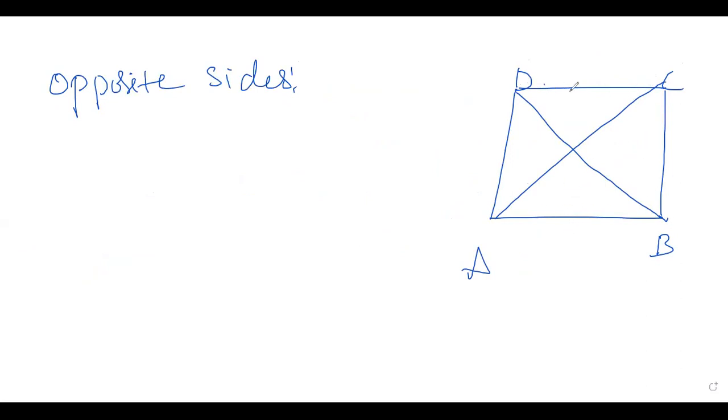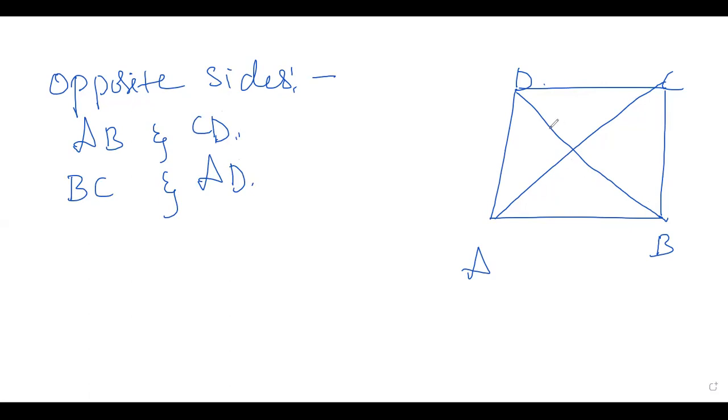AB and CD are one pair of opposite sides. And which is opposite to BC? BC and AD. These two are opposite, two pairs of opposite sides.